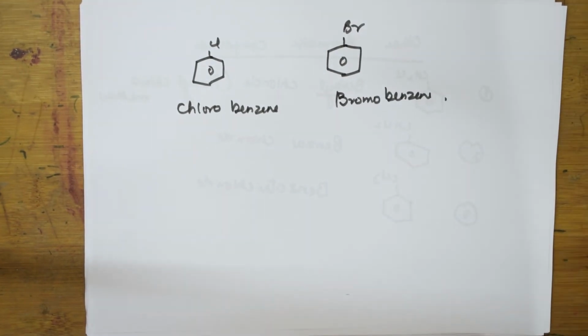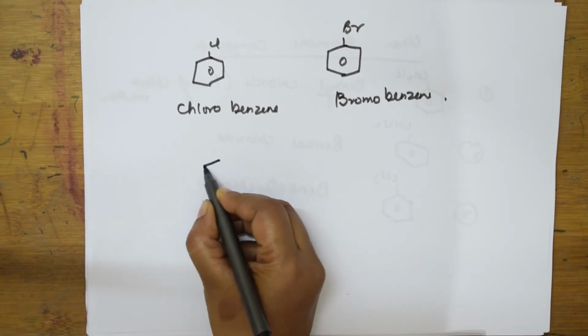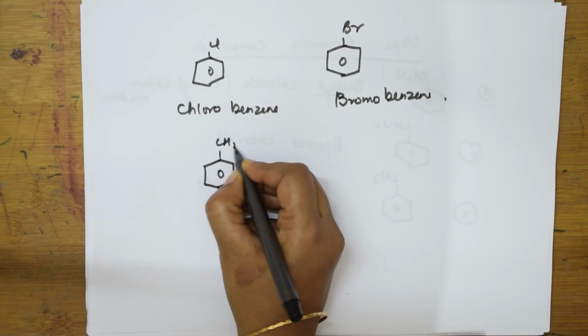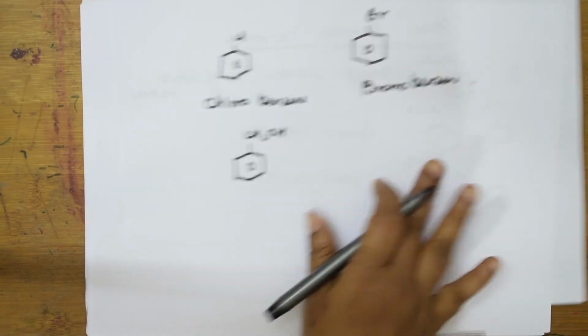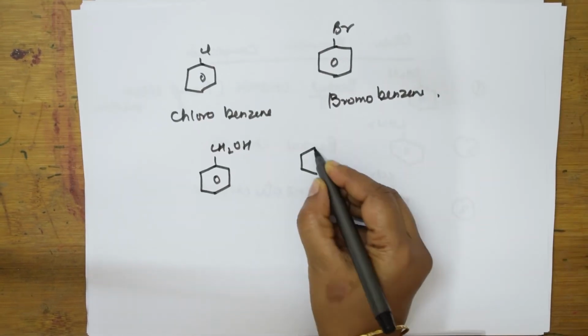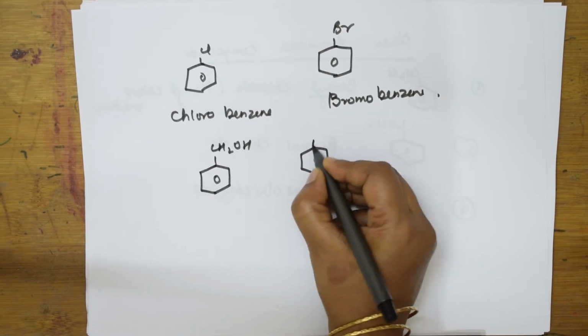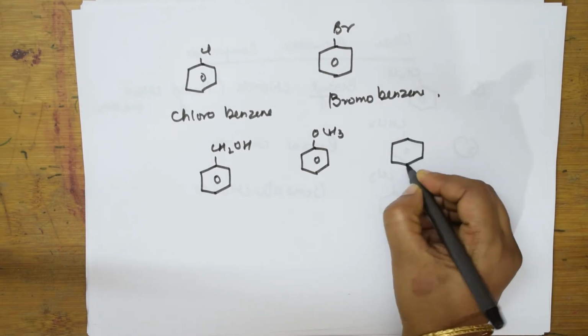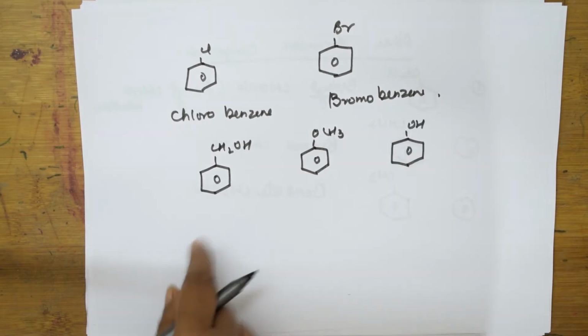Let us come back to the alcoholic group. Suppose I have a benzene ring like this, with an alcoholic group. Suppose I have a benzene ring with another group. Suppose I have a benzene ring only with OH. See here.